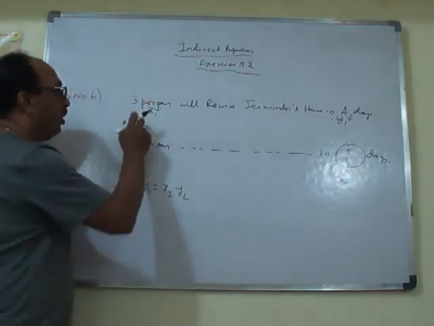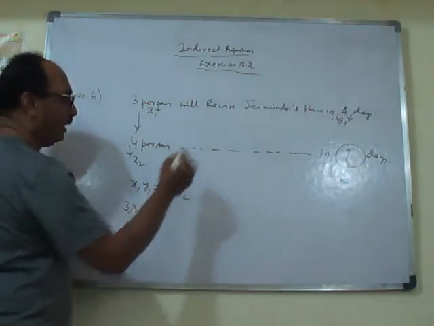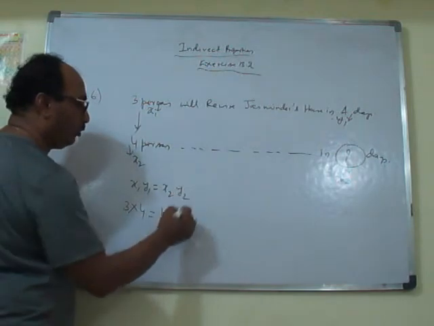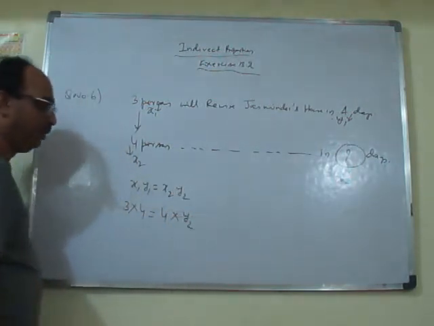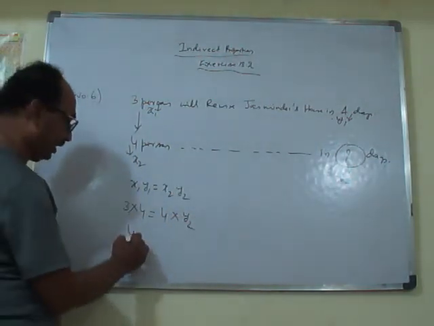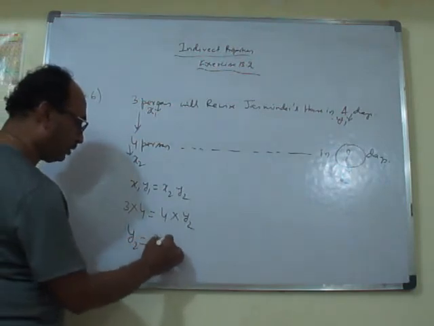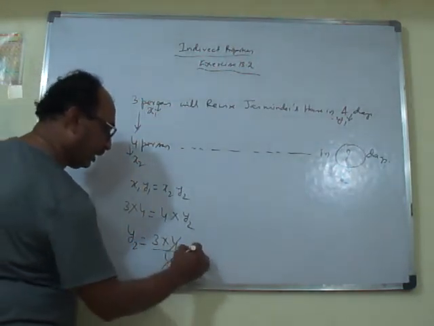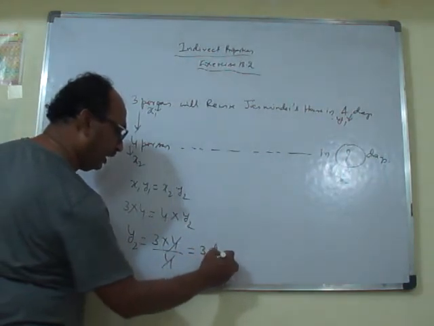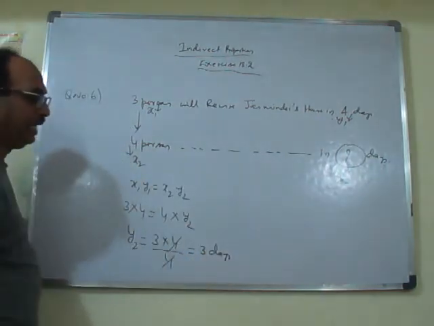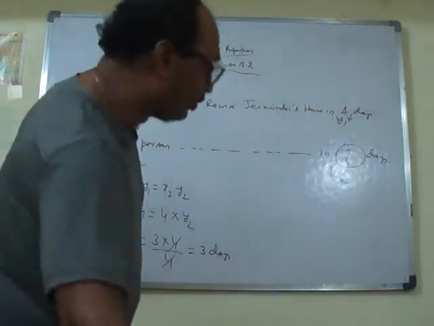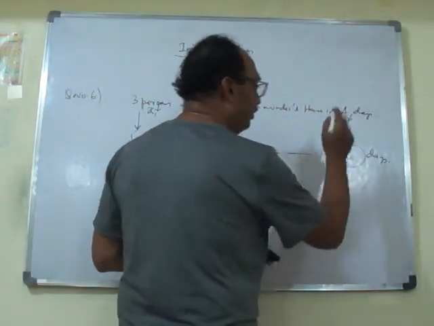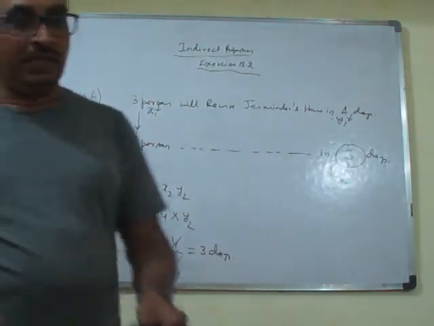Okay, so x1 is what? 3. y1 is what? 4. x2 is what? 4. y2 is what? We do not know. That only we need to find. Then we can directly write y2 is equal to 3 into 4 divided by 4. So we have got 3 days. Okay, so the wiring work will be completed in how many days, gentlemen? In 3 days.